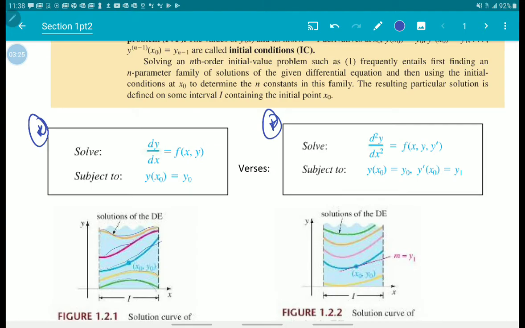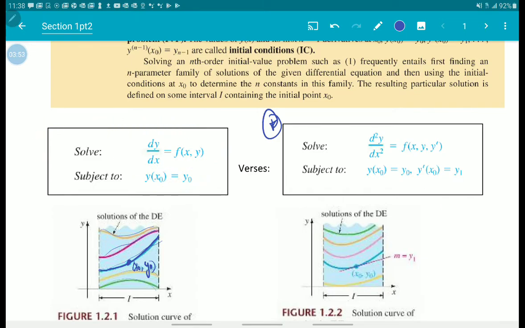So this is your family of curves. But if we have an initial condition, then that means we have a specific point that's on that curve. And if I have this specific point that's on that curve, then I can find that specific equation that goes through that point that will satisfy that differential equation.